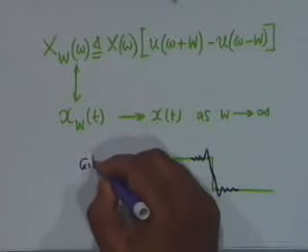So Gibbs phenomenon occurs also in the case of Fourier transform, and it occurs because there is a point of discontinuity. If the function was smooth, if it was differentiable everywhere, then this problem would not have arisen. So Gibbs phenomenon does take over.